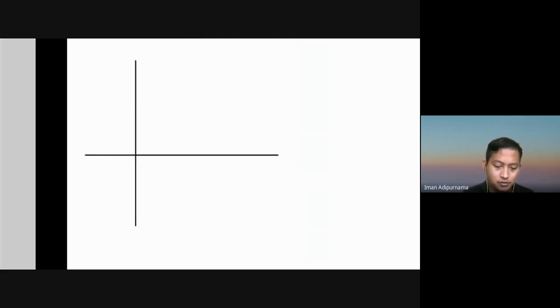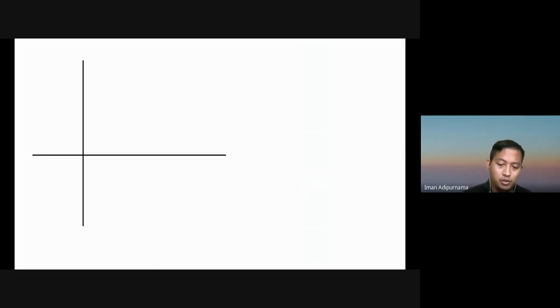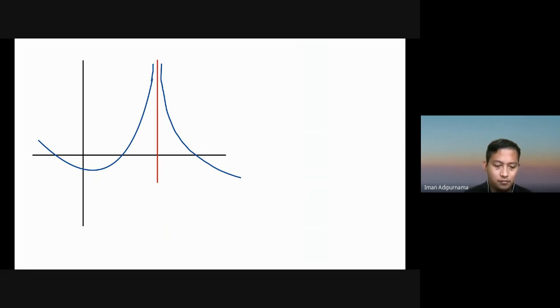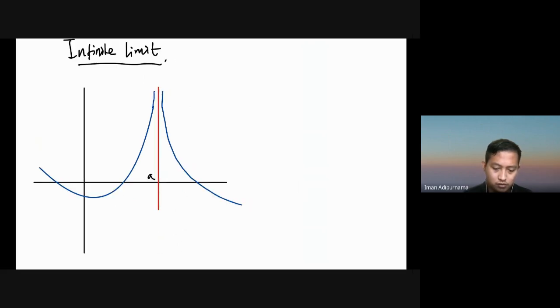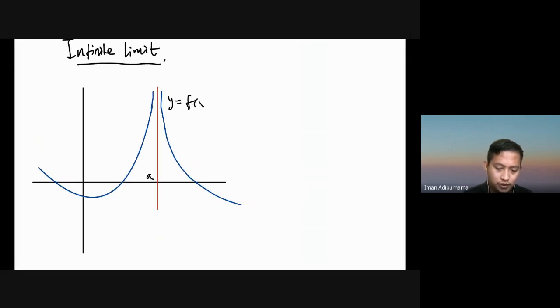an illustration of what we have previously learned. This is just a random graph. Now let's say this is a, and we have y equals f of x.